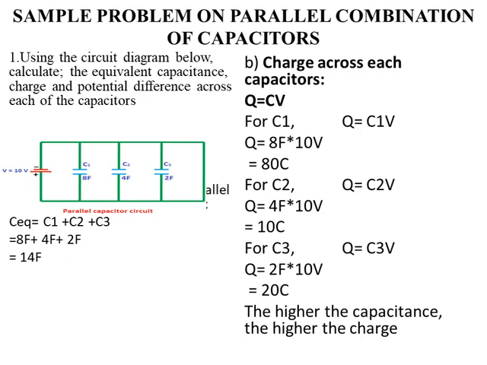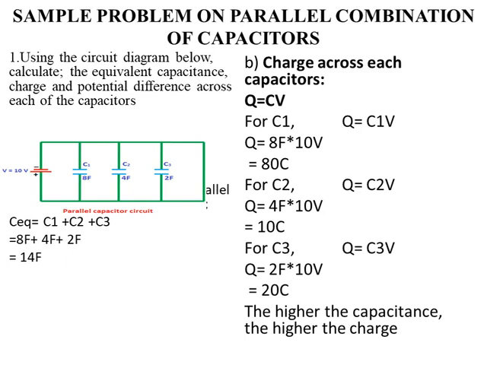Now if you take note, for C1, which is 8 farad, the charge is 80 coulombs. For C2, which is 4 farad, the charge is 40 coulomb. For C3, which is 2 farad, the charge is 20 coulomb.